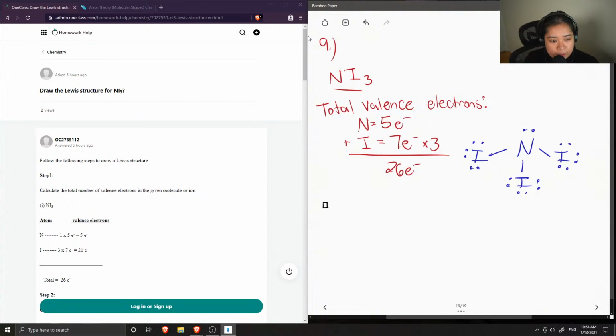And from here we can also calculate the type of molecular shape and electron geometry that this structure will have. So if we look at our central atom, which is nitrogen, there is 1 lone pair, and we have 3 bonded atoms.